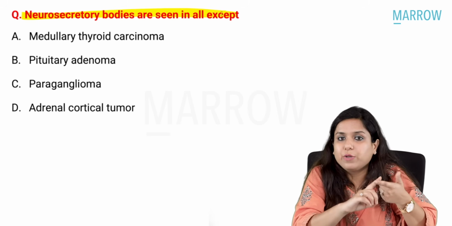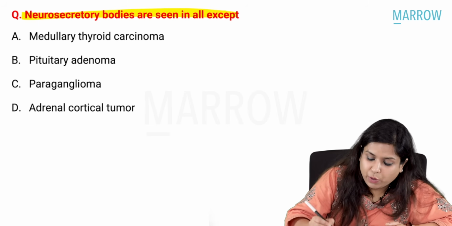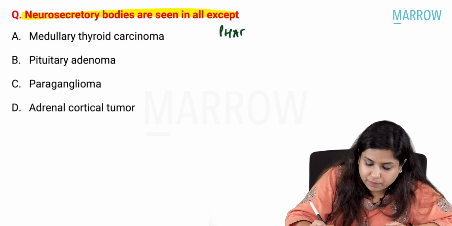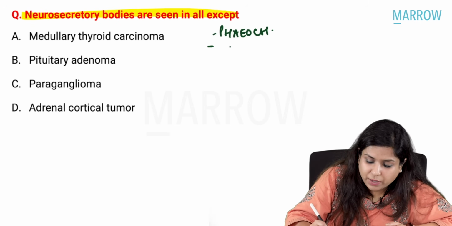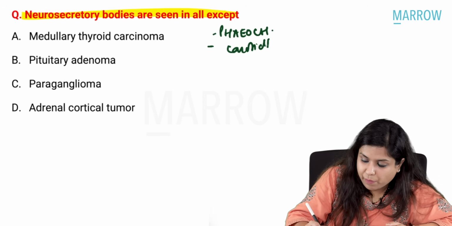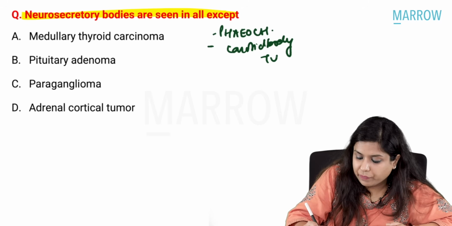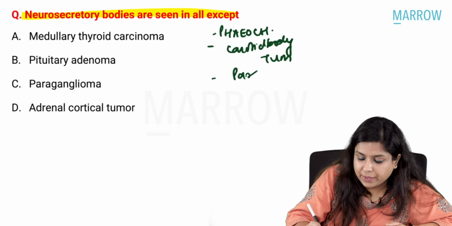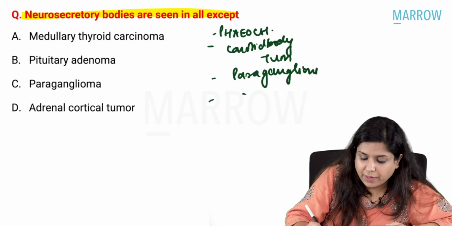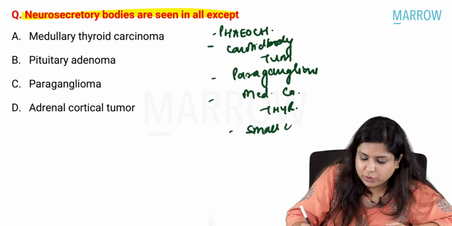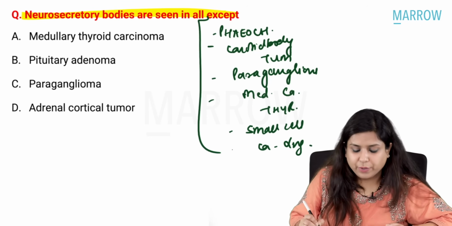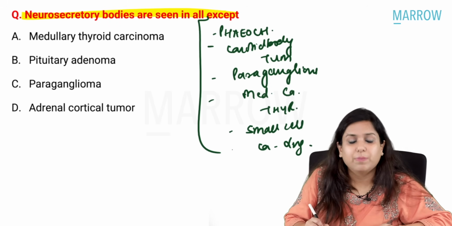A neuroendocrine tumor can be a pheochromocytoma, a carotid body tumor, a paraganglioma, right, a medullary carcinoma of thyroid, even small cell carcinoma of lung, right. All of them are neuroendocrine tumors, so they might show neurosecretory bodies.